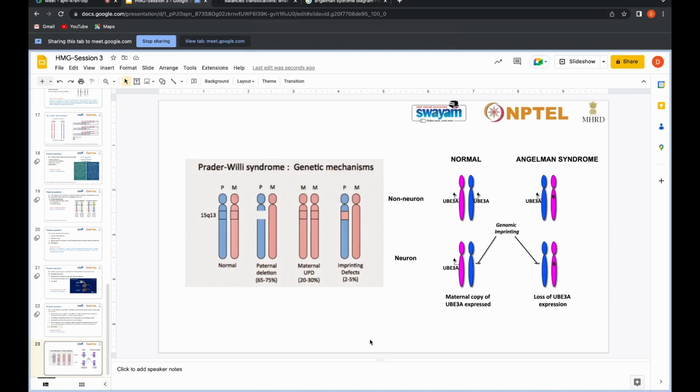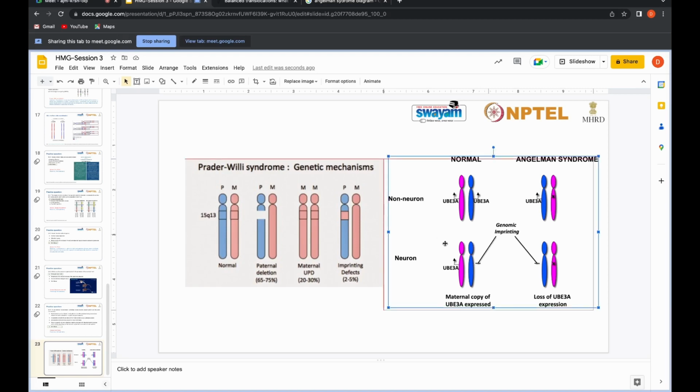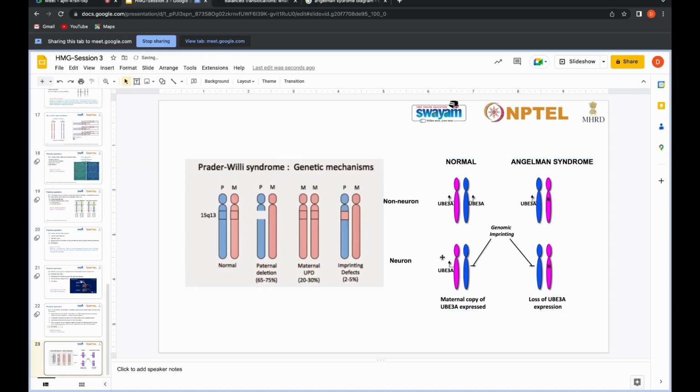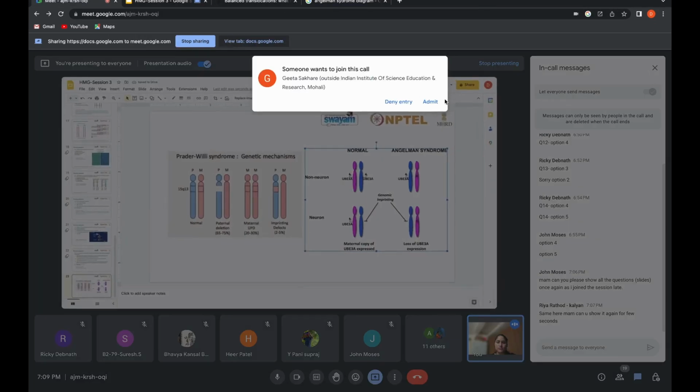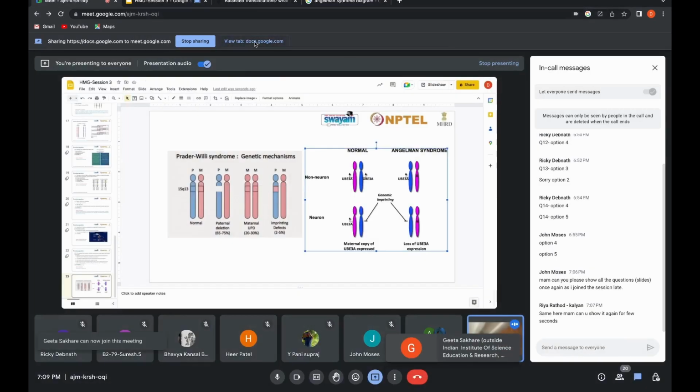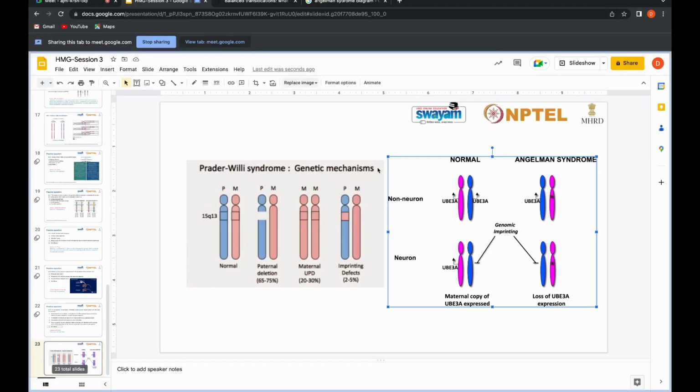When you want to look at the level of functional significance, mostly we go for the protein level, because if a change in the sequence is not causing any change in the amino acid sequence and the protein is retained, then the function or phenotype is retained.